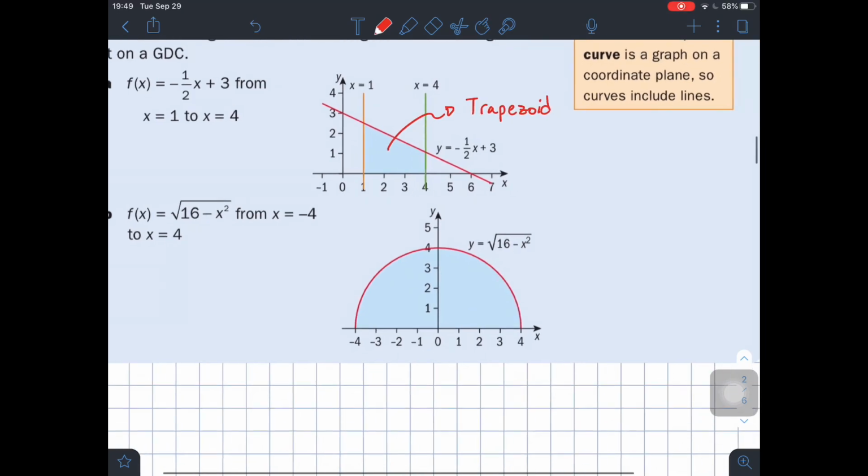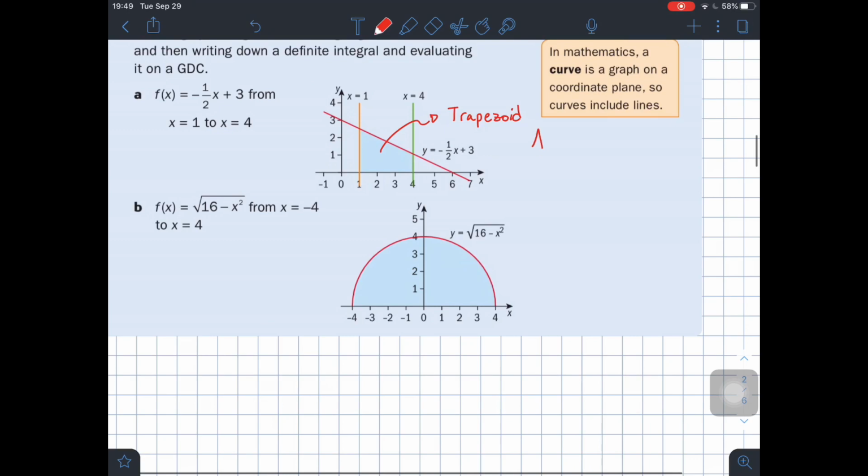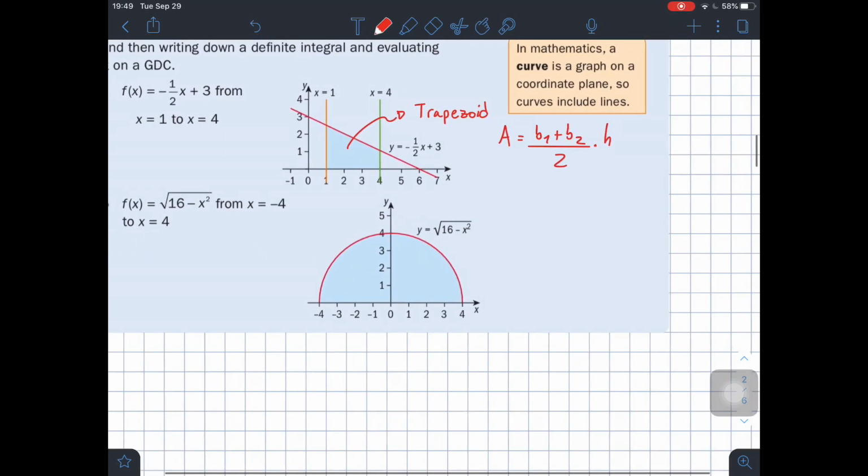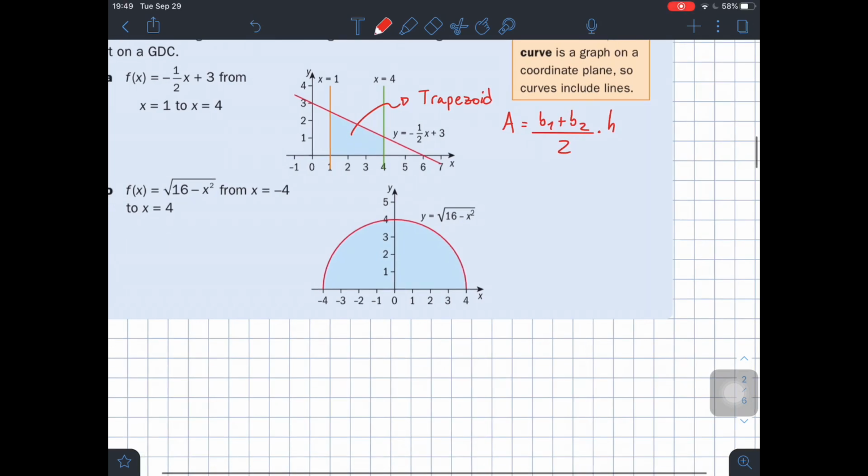If you remember the formula, the area of a trapezoid is base 1 plus base 2 divided by 2 times height. You can apply this, where base 1 is this over here, base 2 is this over here, and the height is this one over here. So the area of this trapezoid is base 1, which is 3, plus base 2, which is from 0 to 1.